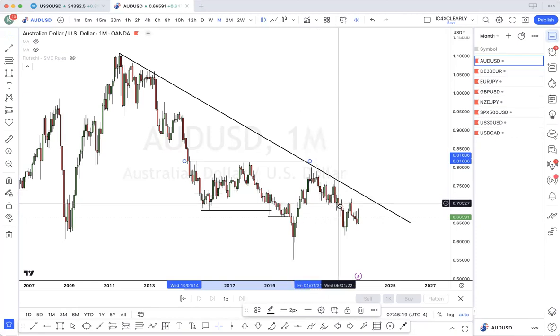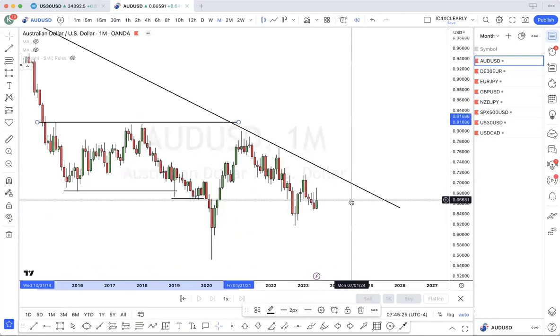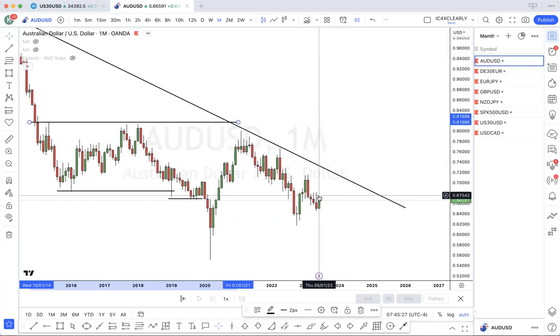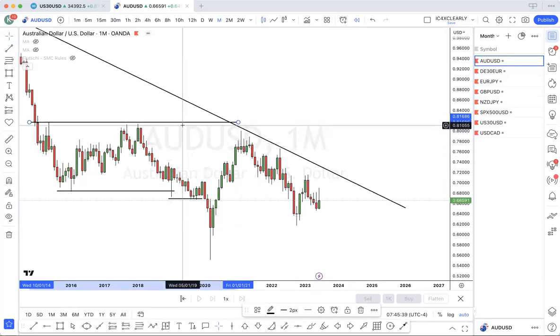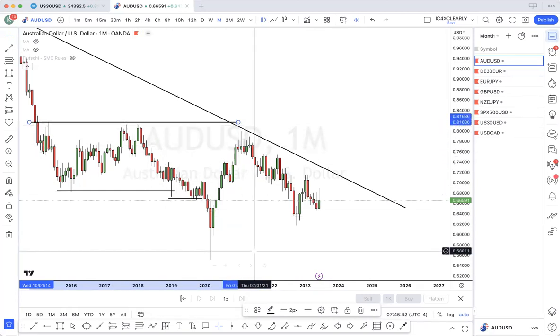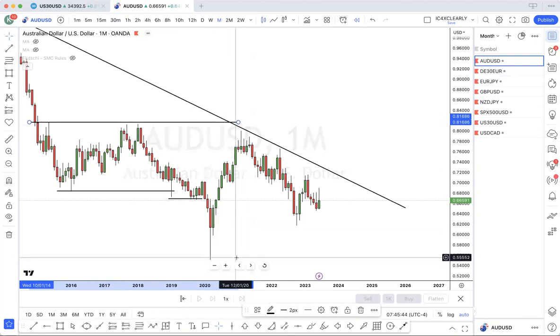Price broke structure, it's pulled back. So my guess would be that it's going to continue selling down. But just like price did not break this high, price did not break this low as well.